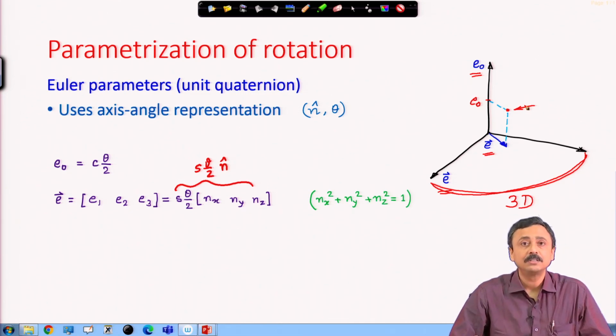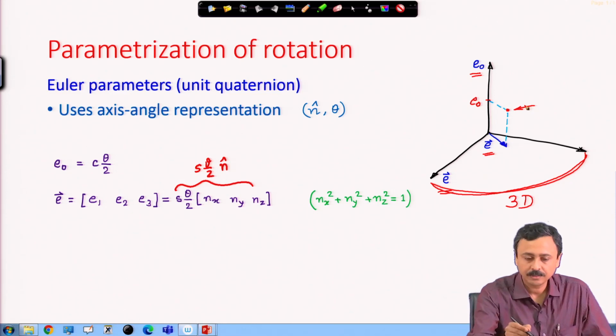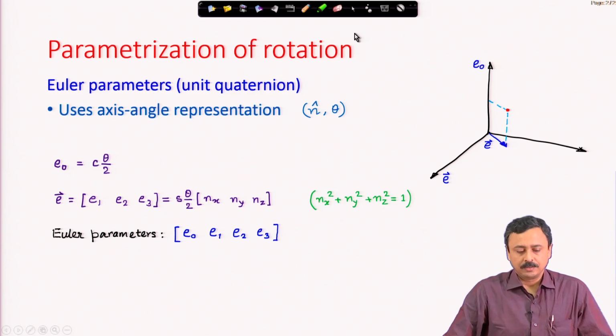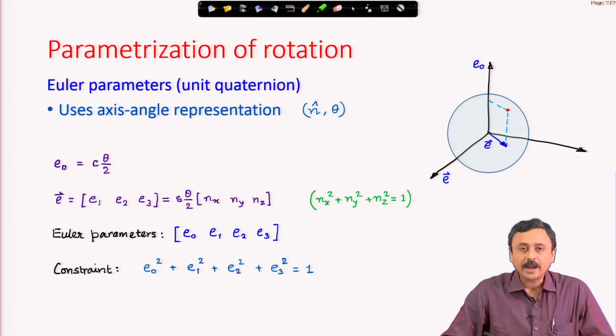It represents a rotation matrix, and every rotation matrix, remember, represents orientation of a body. These 4 parameters E0, E1, E2, E3 are known as the Euler parameters, with this constraint that E0 square plus E1 square plus E2 square plus E3 square is 1, which you can very easily check.